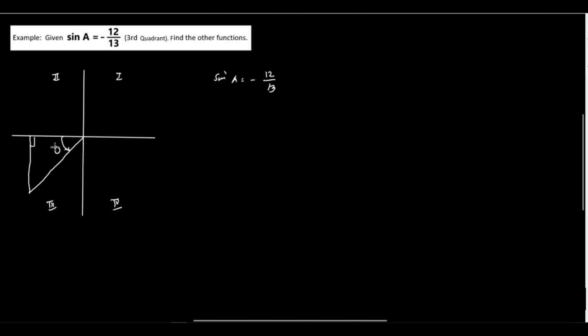And if this is angle A, therefore, this is the opposite side, this is the adjacent, and this is the hypotenuse.